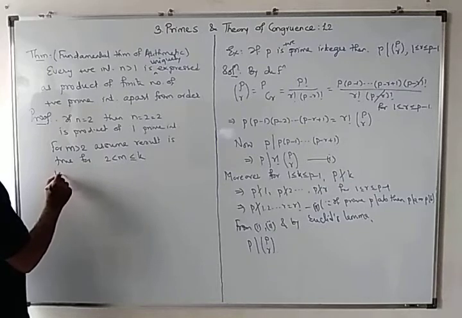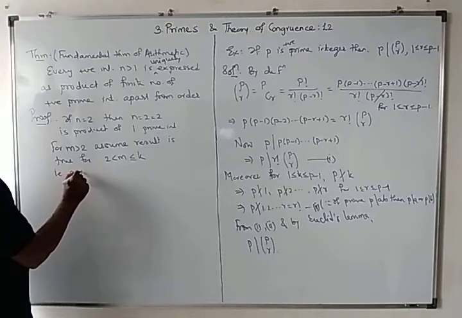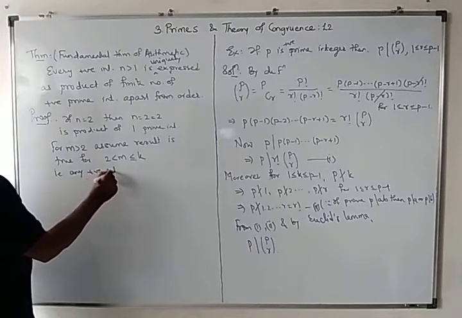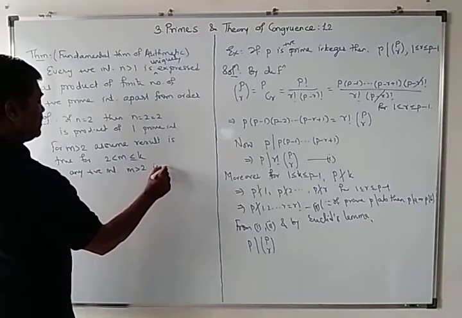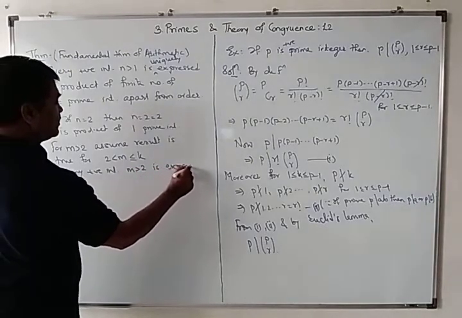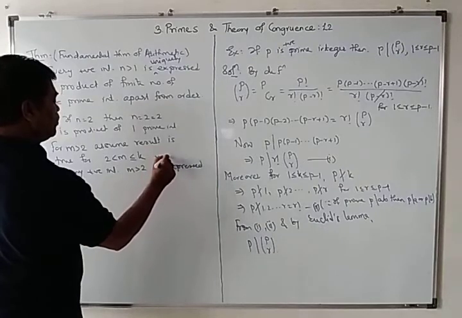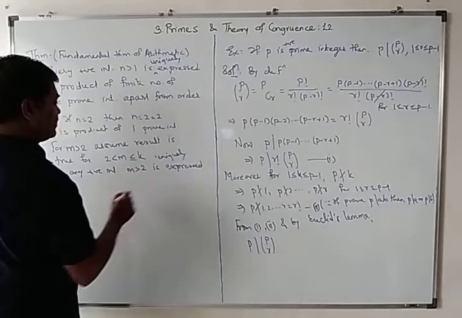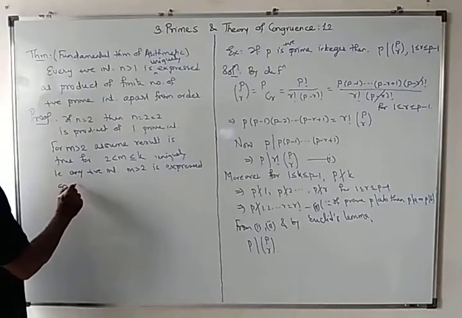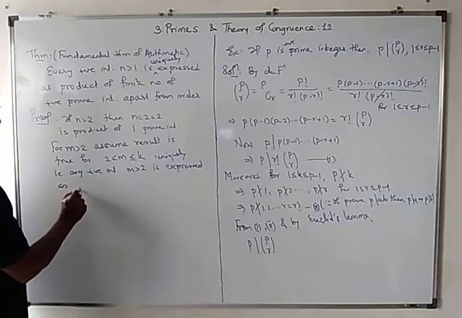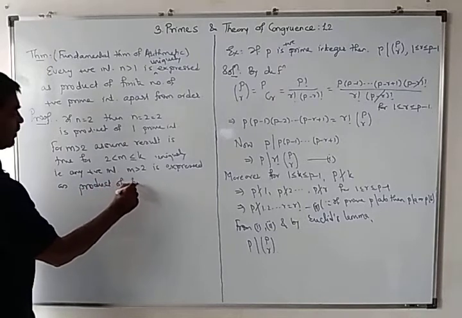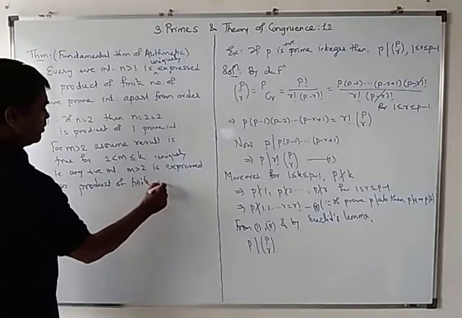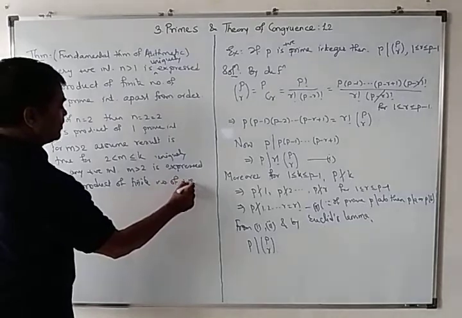That is, any positive integer m greater than 2 is uniquely expressed as a product of a finite number of positive primes.